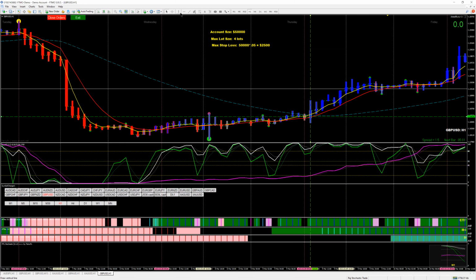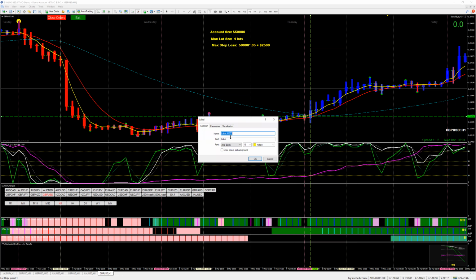So my lot size calculation for this trade would be what? How many pips is $2,500 equivalent to? $2,500 would be 250 pips per lot.